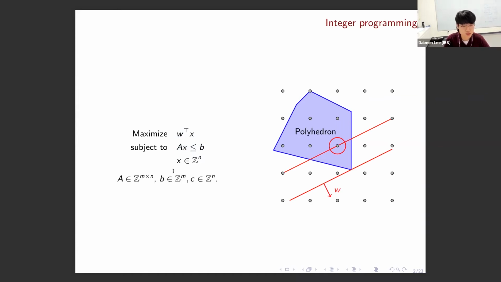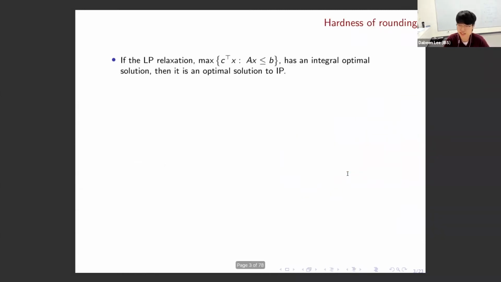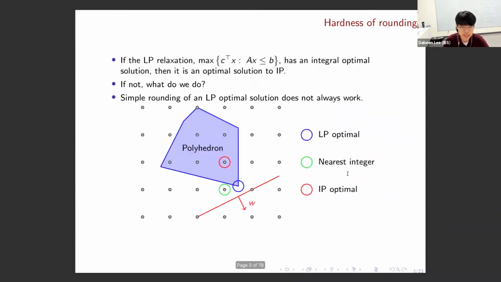In practice, what we do is relax this integrality condition and optimize a linear function over this polyhedron. If we get an integer solution, then we are great. But if not, we should do something else. And what should we do? The most naive thing we can try is to round every fractional coordinate.